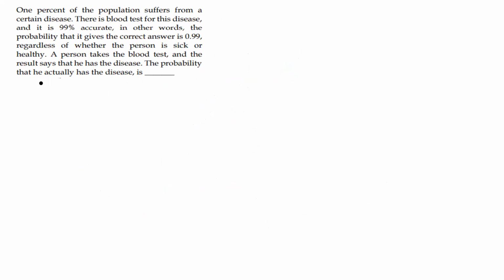This model is there in PU also. 1% of population suffers from a certain disease. Okay, basically I'll take the first event. Let E1 be a person suffers from a disease. 1%.